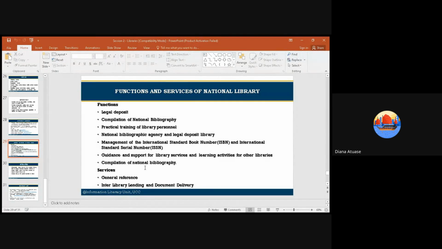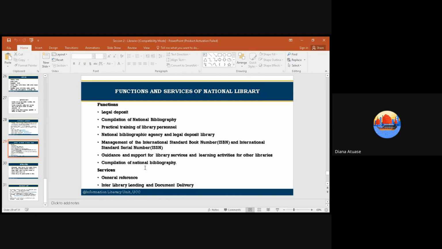Then also it compiles the national bibliography. So a bibliography is just a list of publications of authors with titles. So the National Library compiles all publications that are done in Ghana and about Ghana.